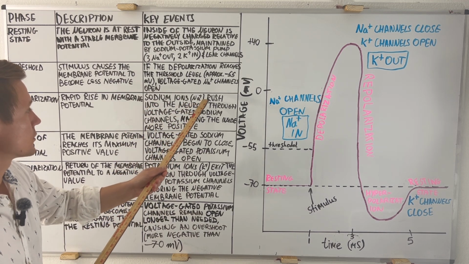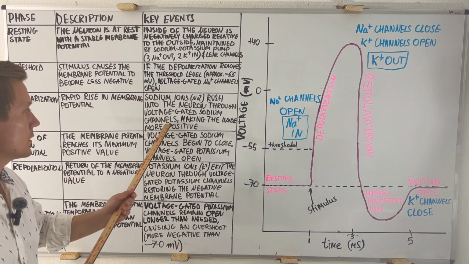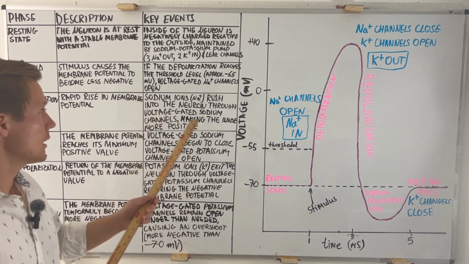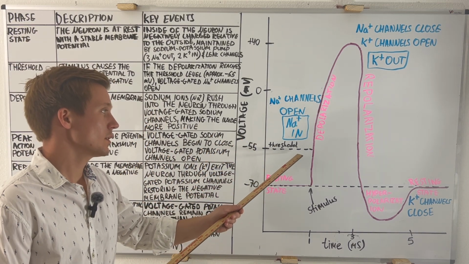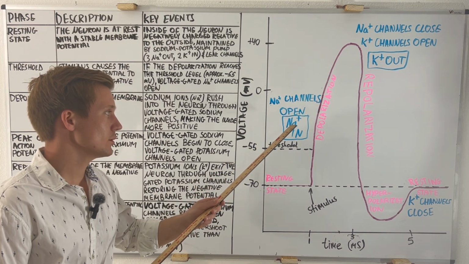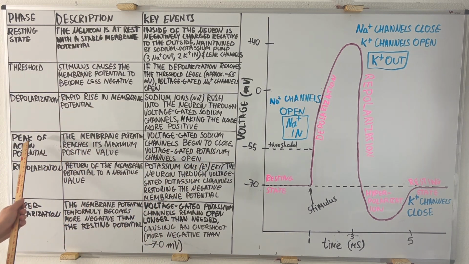Sodium ions rush into the neuron through voltage-gated sodium channels, making the inside more positive. And so, yes, once we hit the threshold, depolarization occurs, sodium channels open, and sodium rushes into the neuron.